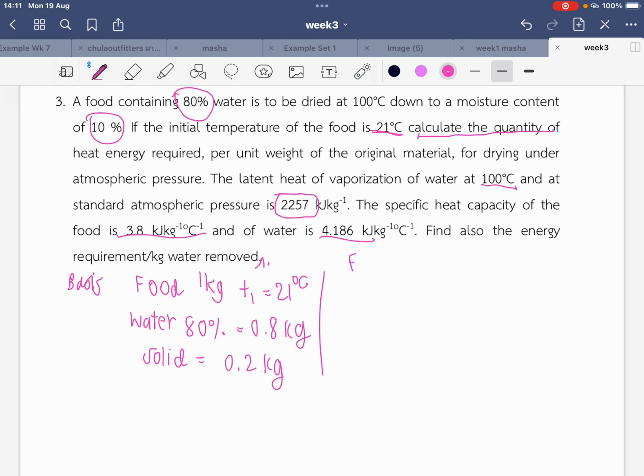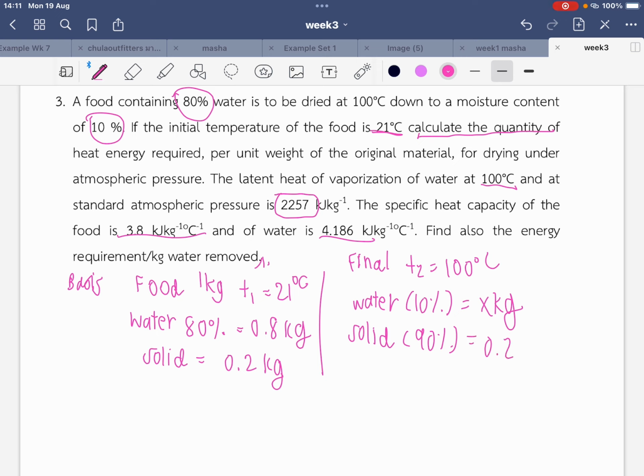And after that, final T2 is 100 degrees. Water 10% again is X kilogram, and solid 90% is 0.2 kilograms.